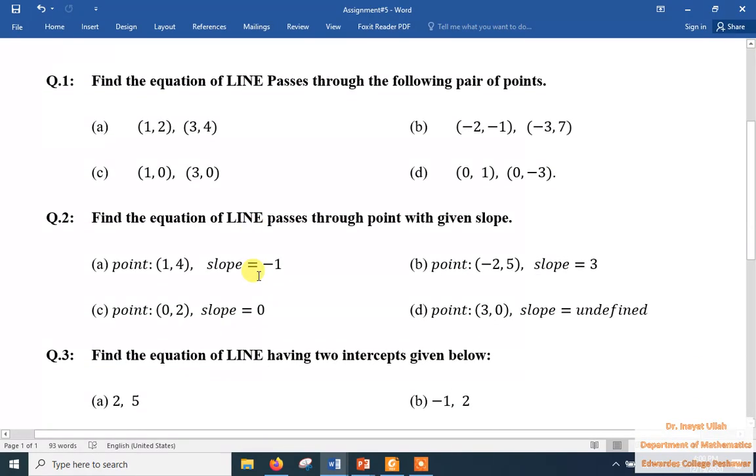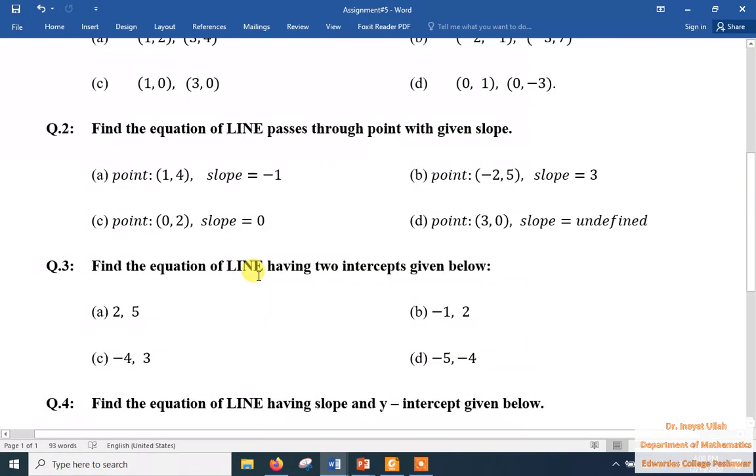Question number 2 is, find the equation of line which passes through the point with given slope. You need to find the equation of a line which passes through a point. The point is given to you in our pair, and the slope is given too. So that is actually the point slope form of a line.